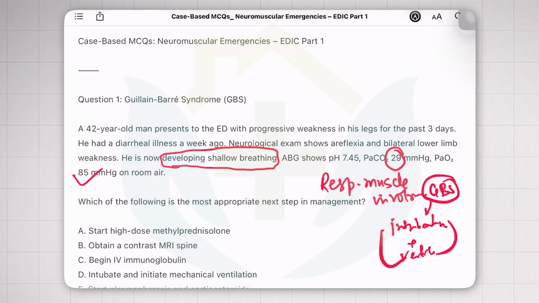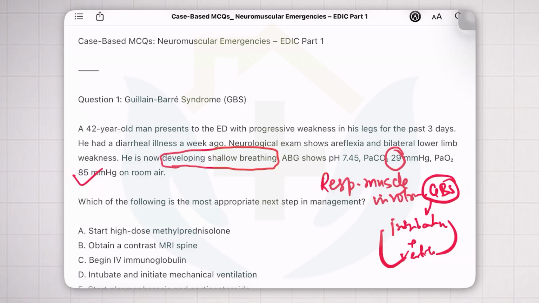So basically, as an intensivist and a candidate appearing for the EDIC examination, it is very important for you all to understand and know when the patient will start needing intubation. If the patient collapses, even the staff nurse can tell you that the patient has collapsed, so please intubate this patient.